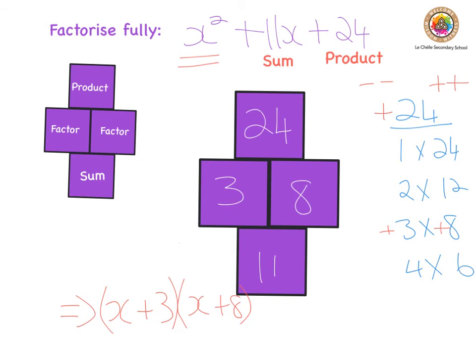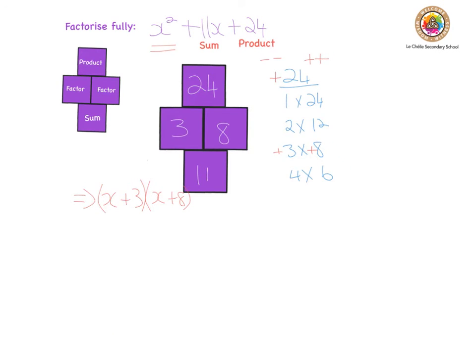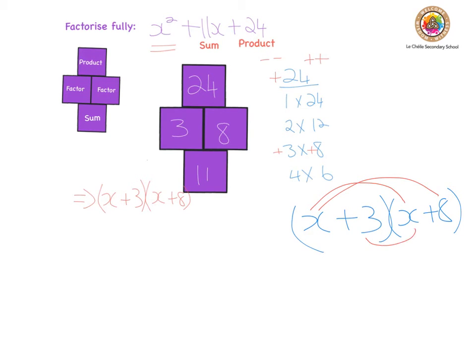Now, I would always check my answers, just like we did when we were expanding these brackets. Here, when we're factorizing our brackets, we're also going to check our answers. So very quickly, somewhere over here, I would say, x plus 3 times x plus 8. Okay, and I would know that x gets multiplied by this x. It also gets multiplied by the outside term. The 3 gets multiplied by the inside term, and then by the last term.